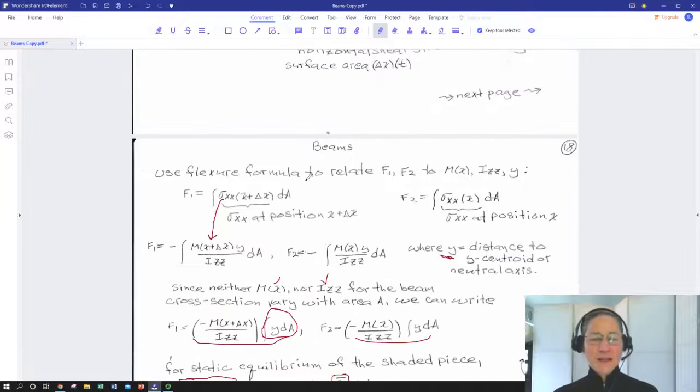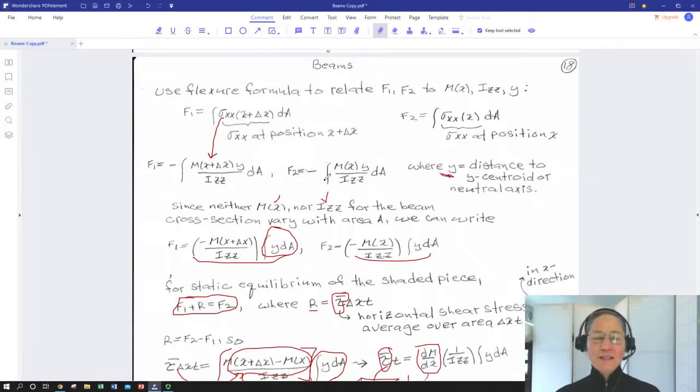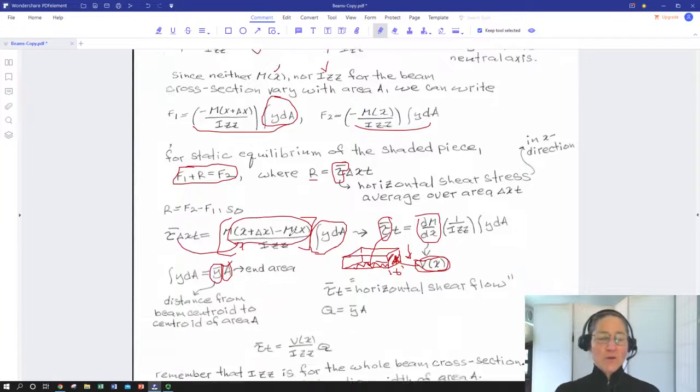Because that relates to our longitudinal stress, whence originated our y dA. That entered our picture through the flexure formula description of axial stress, or sigma xx, and that is related to how far up you are. So y is going to get bigger as we go further away from our centroid.